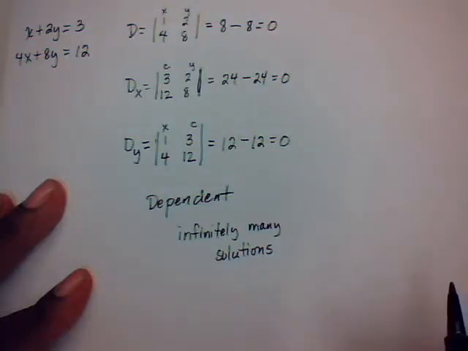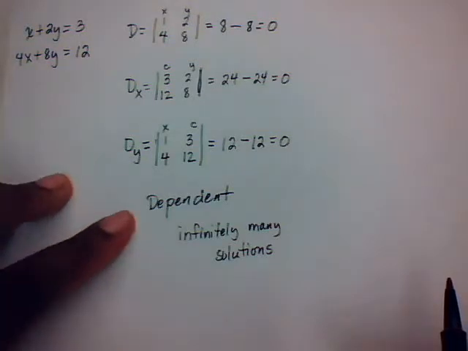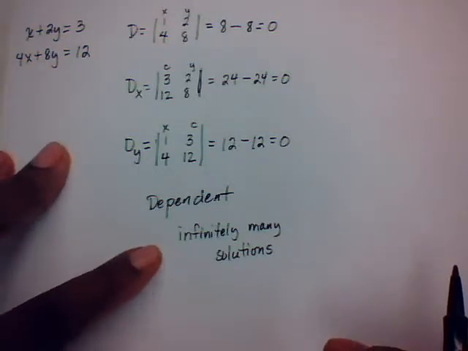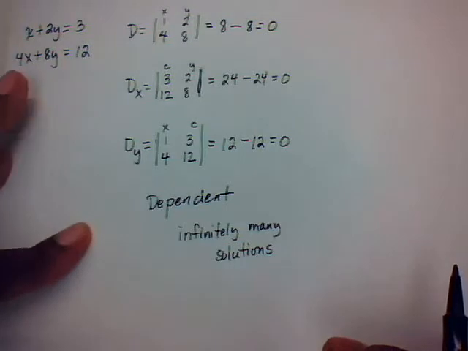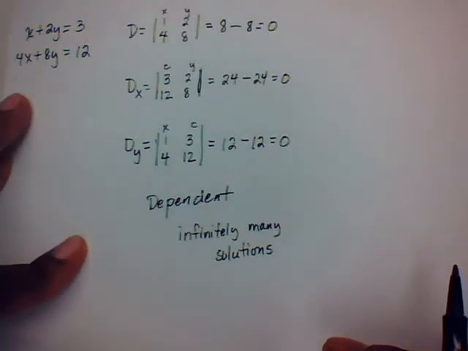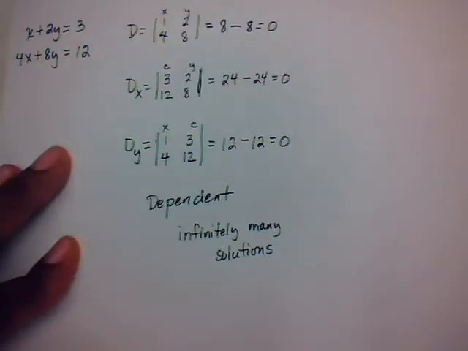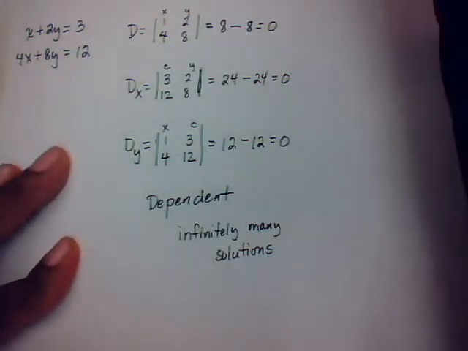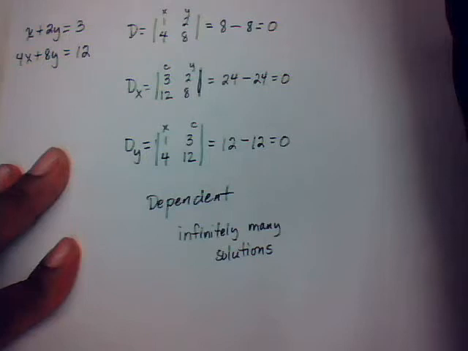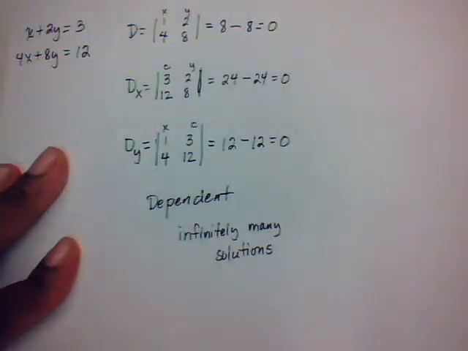So when d, d sub x, and d sub y are all zeros, that means you have a dependent system. That means that there are infinitely many solutions for this system of equations. Okay? So those are the two special cases that we talked about for systems of equations when you attempt to use Cramer's rule.